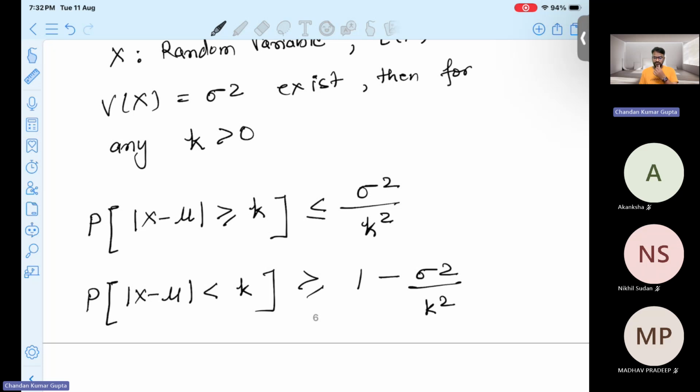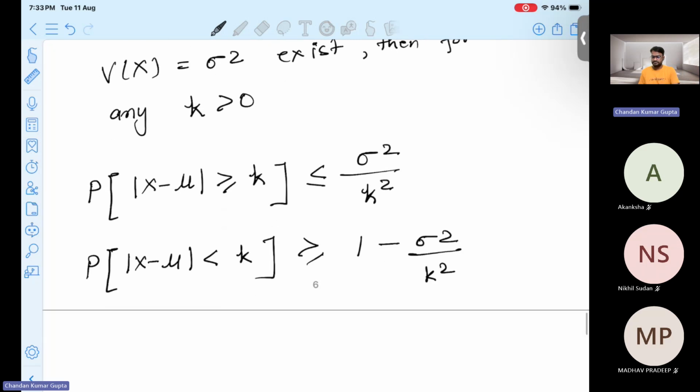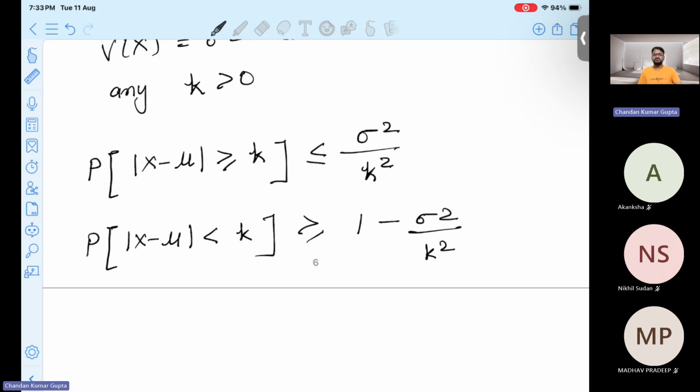Both have similar meaning. This also gives the bound for the probability that x deviates from its average value and the deviation is greater than or equal to k. This probability is less than or equal to the variance divided by the square of the deviation. So this is Chebyshev's inequality.